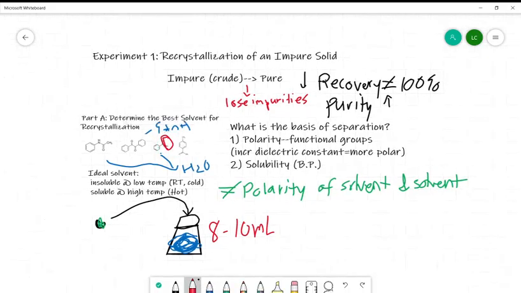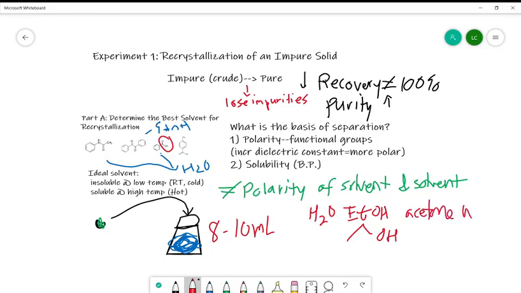Carboxylic acid is very, very polar. It's probably the most polar functional group that you learned of. And you had 4 recrystallization solvents. You had ethanol, you had water, you had acetone, and you had hexane.